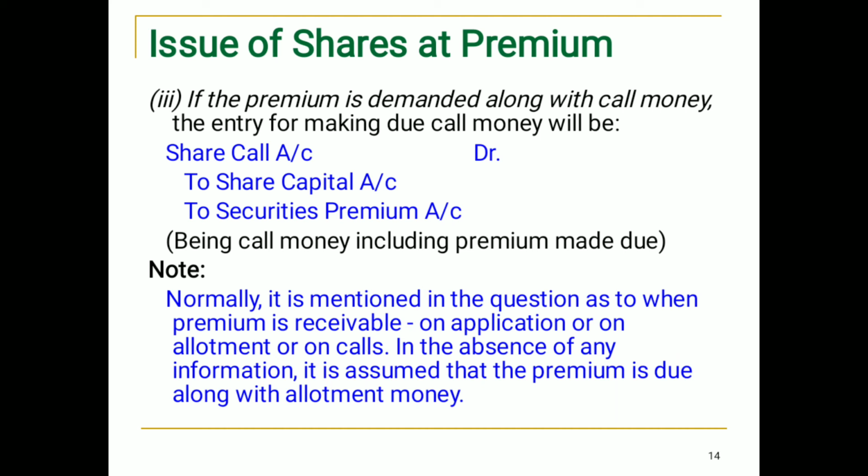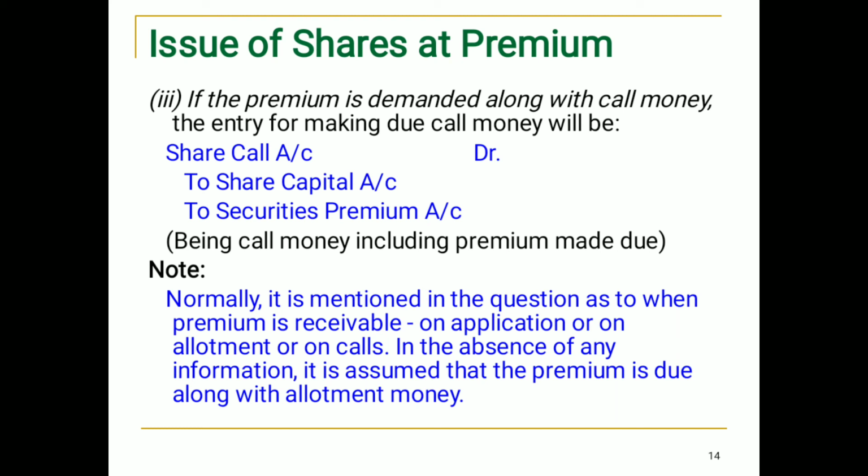So they are saying that in the questions which will appear from this chapter, the ones that you will solve in the exercise, it is usually mentioned that premium is called with application, allotment, or calls. But in absence of any information, it is assumed that the premium is due along with allotment money.